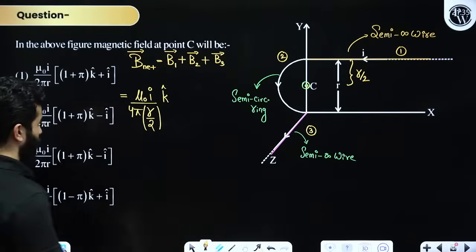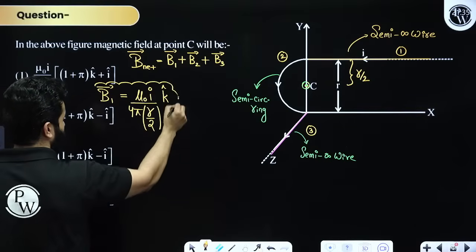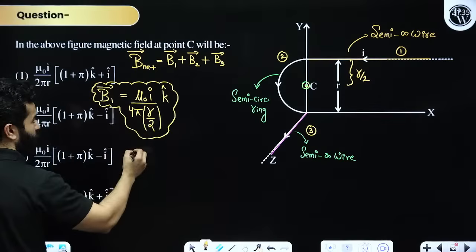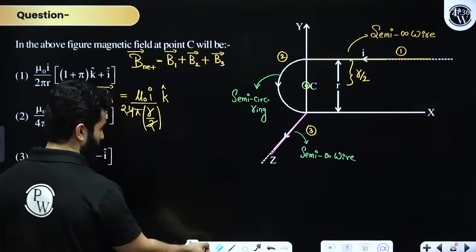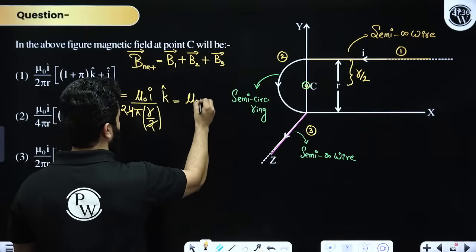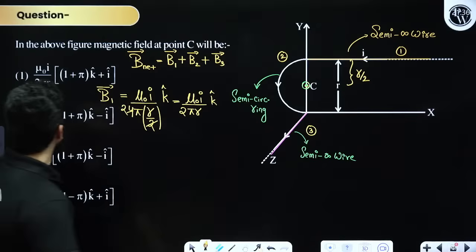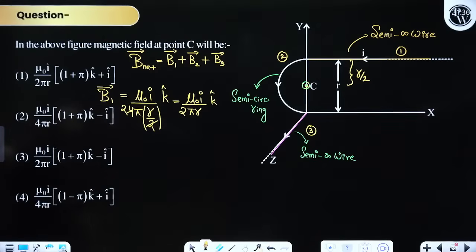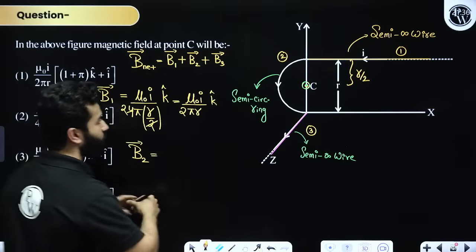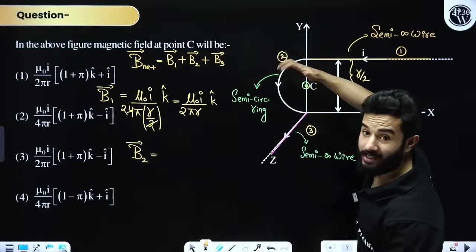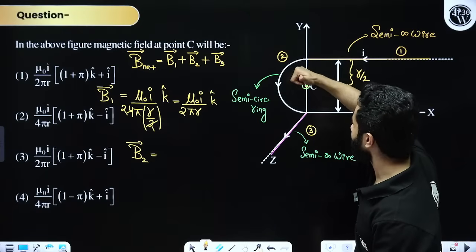Let me write it like this here. Let's say this is B1, so that I can have some space. This can be cancelled out, so finally we get B1 as mu naught I upon 2 pi r, in k cap. Now let's talk about B2. Current is moving in this direction, thumb pointing outwards.